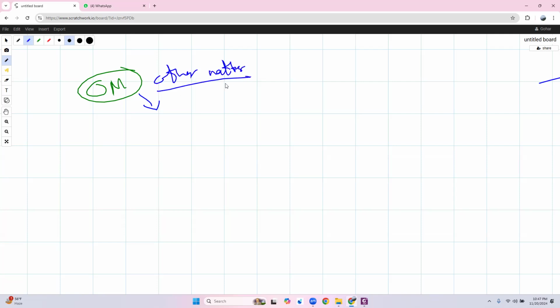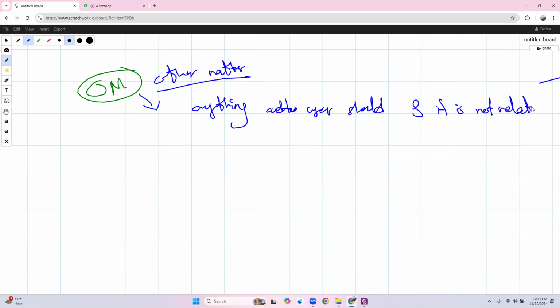Very simple. Anything that the auditor believes the user should know, and it is not related to financial statements, is included within the other matter paragraph.